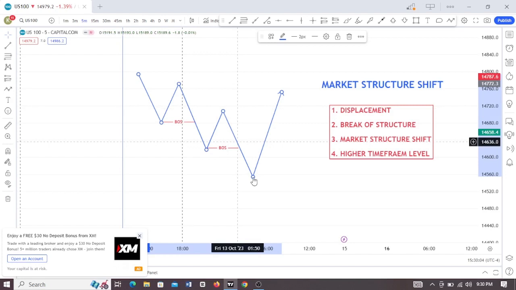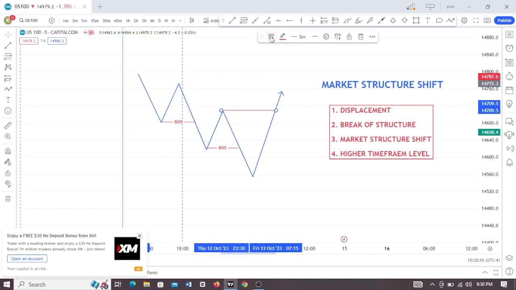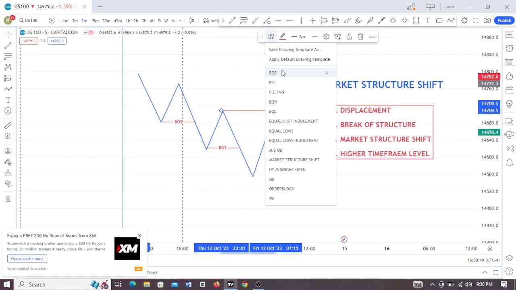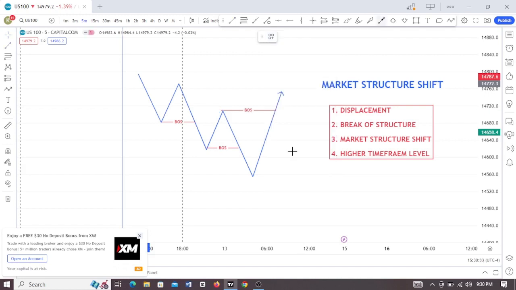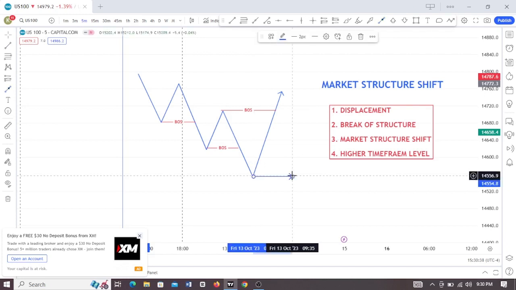Now this break of structure to the upside signals to us that the market is about to change direction. How do we know that? Because now the market is no longer offering lower lows, it's going to offer higher highs. So this is a displacement low, and this is a displacement high so far.